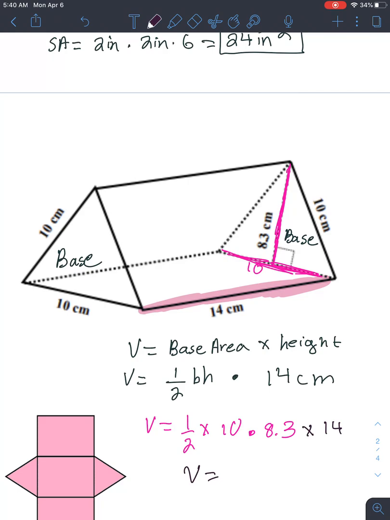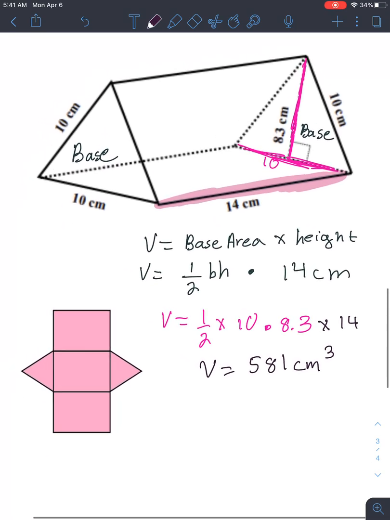The math will give us our volume, which I will calculate right now. It will be 5 times 8.3 times 14, and we get 581 cubic centimeters. And that's pretty much it for the volume.